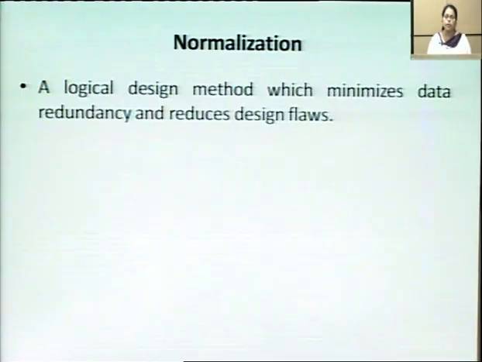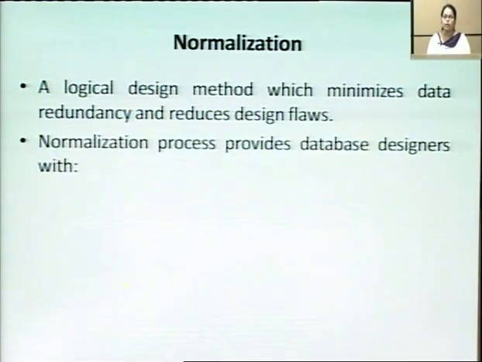After discussing the main formal constraint that we will use to check the goodness of the relation schema design, now we are going to discuss normalization, a logical design method which minimizes data redundancy and reduces design flaws. All the design flaws which we have discussed earlier are removed or minimized in this process.